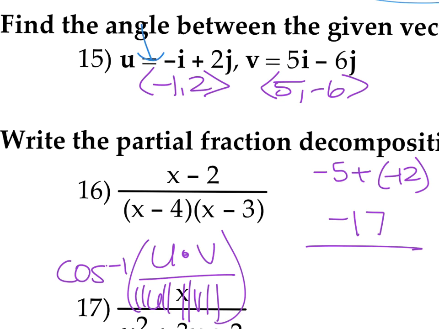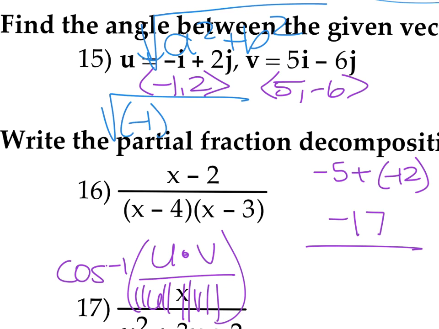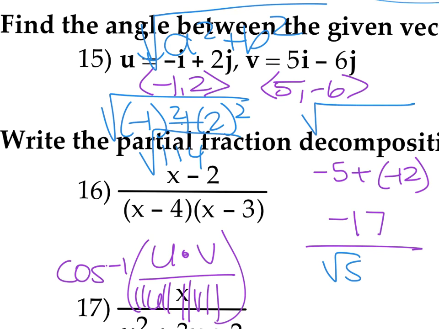Magnitude of U, so I would do A squared plus B squared underneath the square root. So square root of negative 1 squared plus 2 squared. 1 plus 4, and I get square root 5. Do the same thing with V, square root of 5 squared plus negative 6 squared, which is 25 plus 36, or the square root of 61.